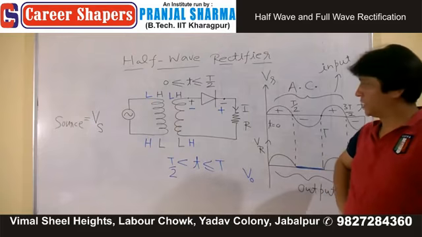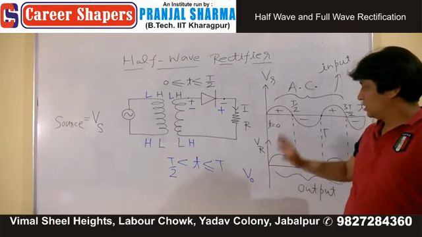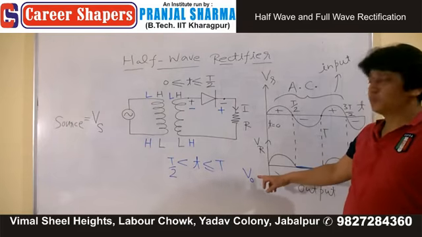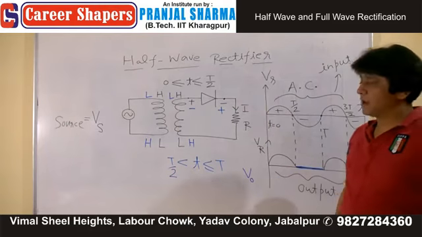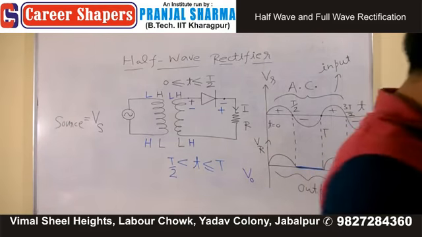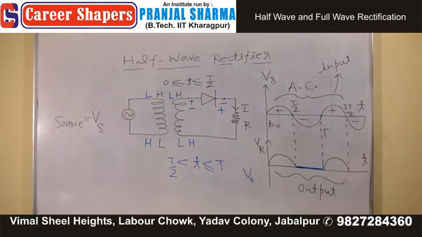Let's see how many of you can answer this question. Peak value of output voltage is V naught and I need average of the whole thing for one complete cycle.